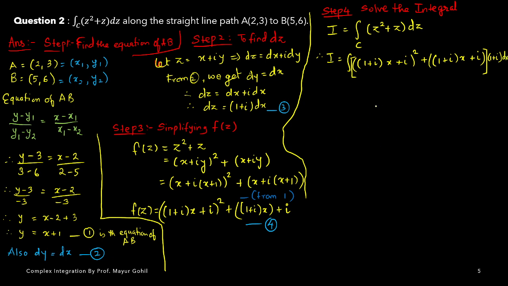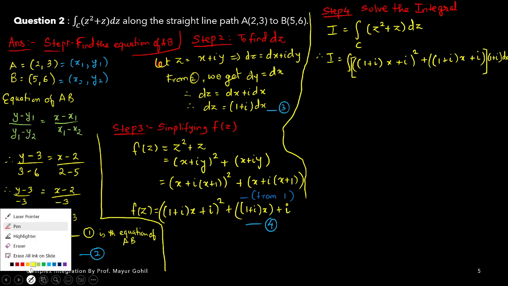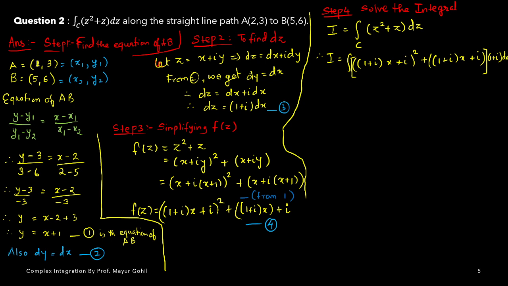Now we have the limits. Because everything is in the variable x, we go for the limits of x. From the beginning over here we can see that A is starting from 2 and going up to 5 in the x coordinate.